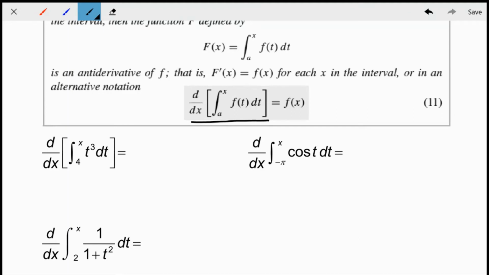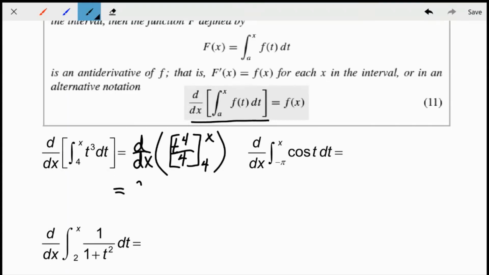So we're taking the derivative with respect to x of the integral from 4 to x of t cubed dt. So if I were to take the antiderivative here, what I would get is t to the fourth over 4. I'm going to evaluate that from 4 to x. And we're going to take the derivative with respect to x of whatever that is.